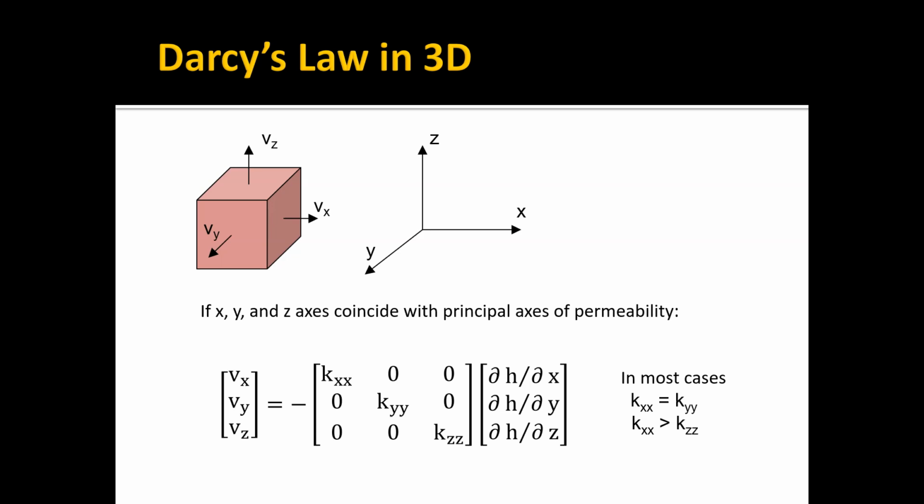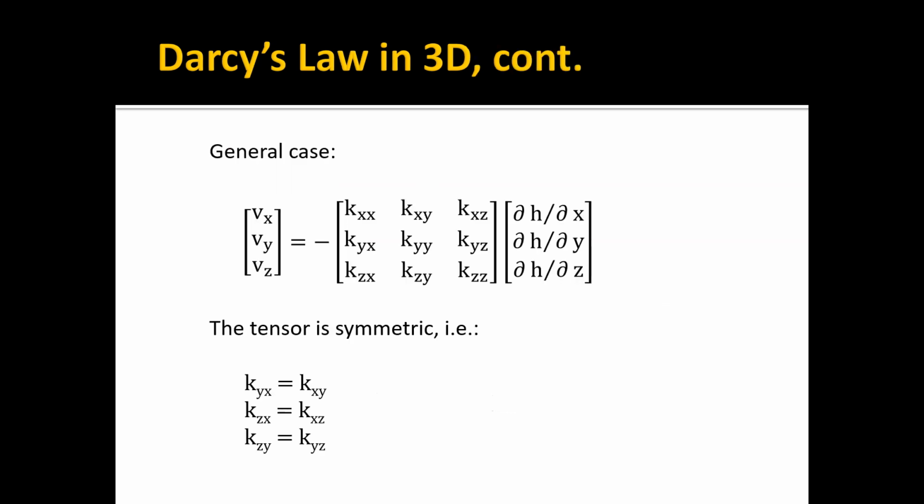Other groundwater models allow you to have off-diagonal terms, but MODFLOW assumes that this relationship holds. So that's kind of a simplifying feature of MODFLOW, but when we get to deriving our governing equations in our next lecture, we're going to be using this full 3D case to derive the most general form of our governing equation that we solve in groundwater flow systems.